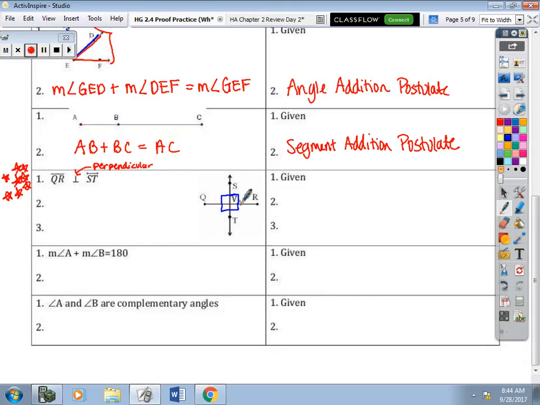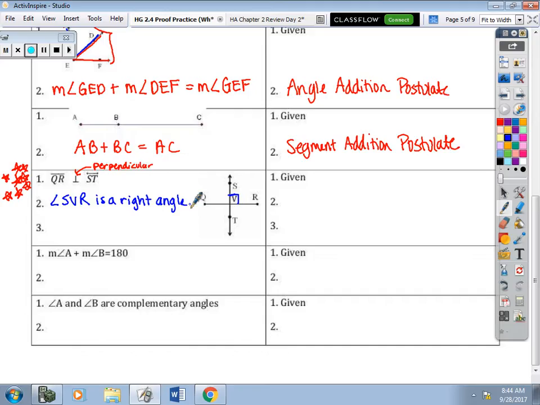Now, it doesn't matter which angle you choose to say is a right angle. I'm just going to do this one. So let's just all unmark these. So I'm going to say angle SVR is a right angle. Again, you could also say angle SVQ or RVT, any of them. I'm just thinking one of the 4.